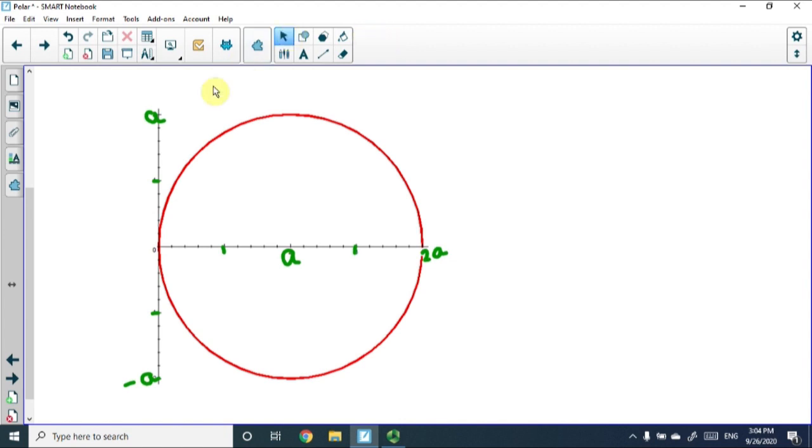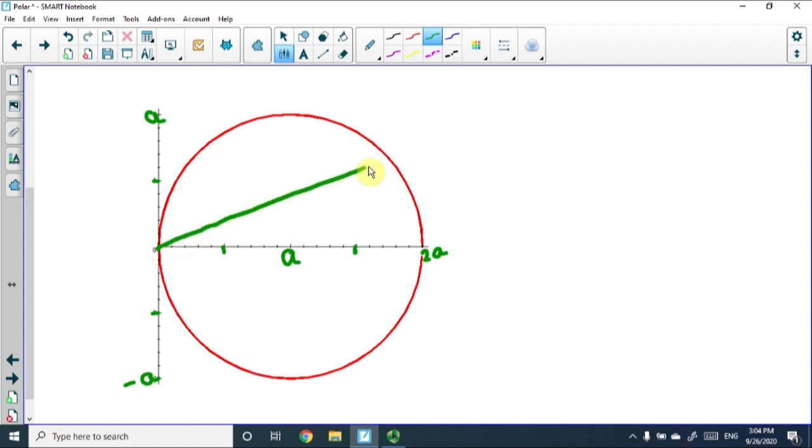So let's go back to the circle. This is our circle. And let's draw one value for r. R will start from 0, and let's change r until we hit the curve, that's the circle.